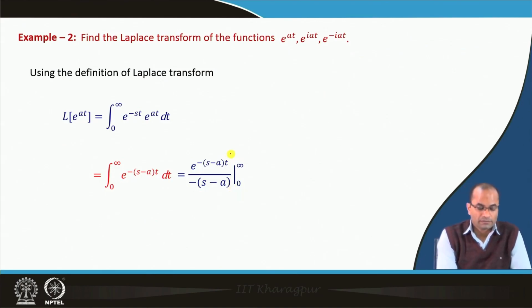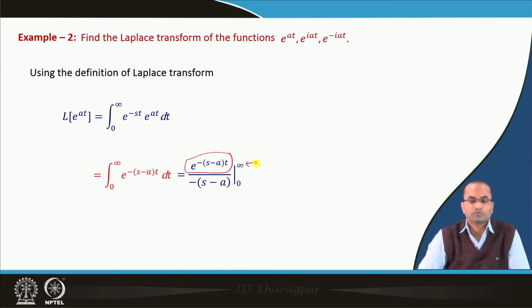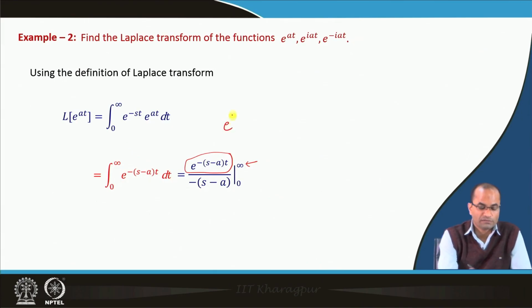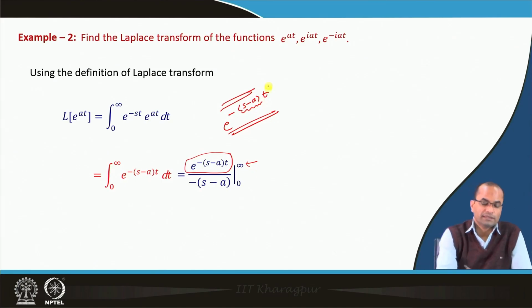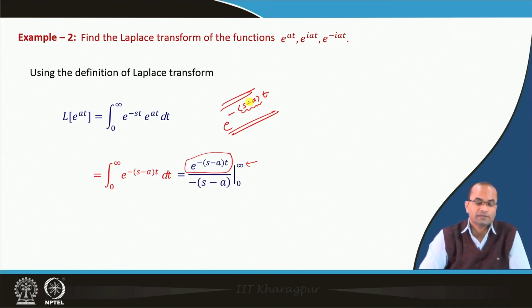So again the same problem here, what will happen when t approaches infinity to this exponential, which is s minus a t. Recalling from the previous slide, if this number here is positive, then when t approaches infinity, this can go to 0 and the integral will exist.